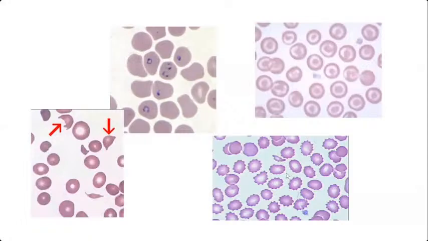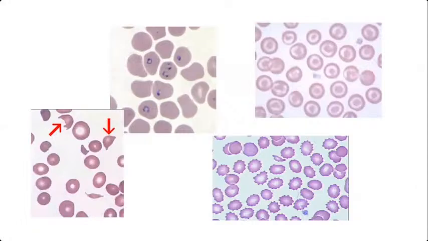Renal disease is one where you get burr cells or echinocytes. Crenated cells, you can also see them in liver disease. You can also see them in other conditions, or even when blood has not been stored properly, you can get crenated red cells. So this is highlighting the importance of the peripheral blood film.